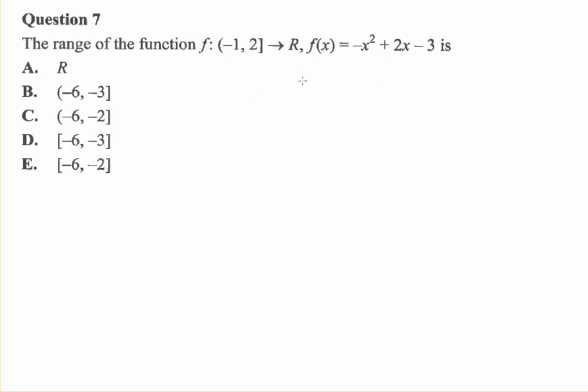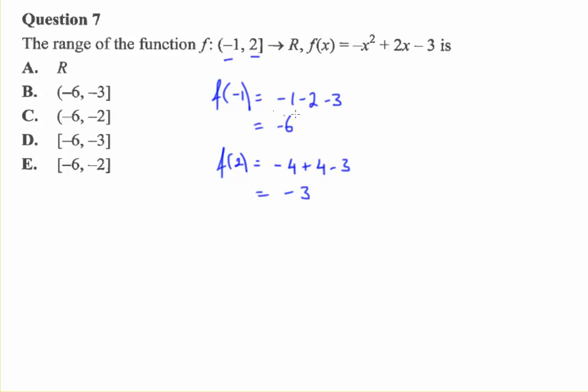So let's do the naive approach, which is to take each number in the interval, sub it in, and assume that that's our range. So it might be something like f(-1) equals -1 minus 2 minus 3, which equals -6. And then f(2) equals -4 plus 4 minus 3, equals -3.